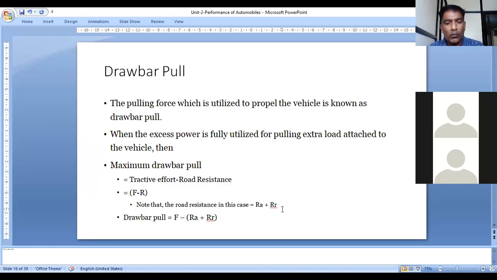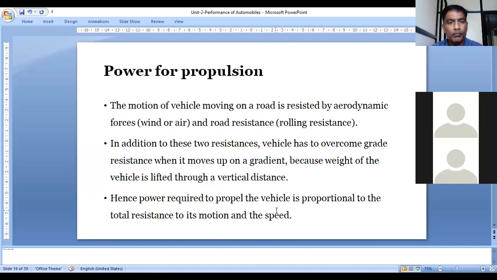The road resistance consists of resistance due to air and resistance due to the road surface. So finally, drawbar pull is equal to F minus total resistance, that is RA plus RR.